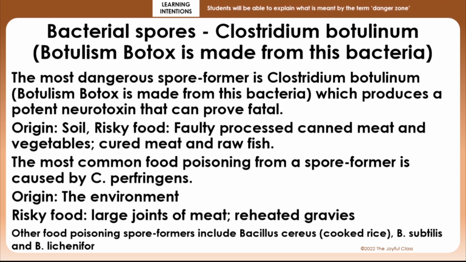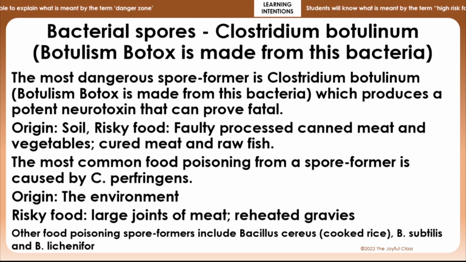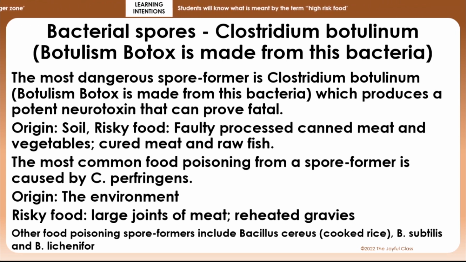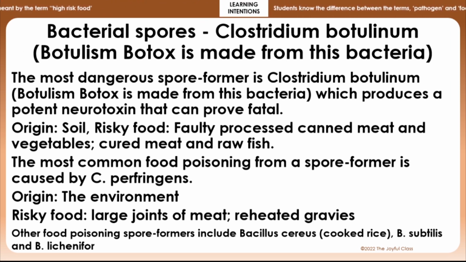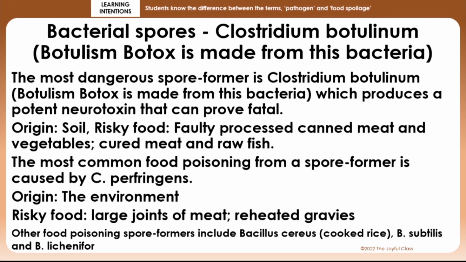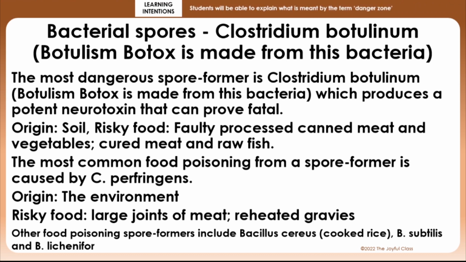One example of a bacterial spore former is Clostridium botulinum. Botulism Botox is made from this bacteria, which produces a potent neurotoxin which can prove fatal. Its origin is from the soil and risky foods, faulty processes in canned meats and vegetables, cured meat and raw fish.